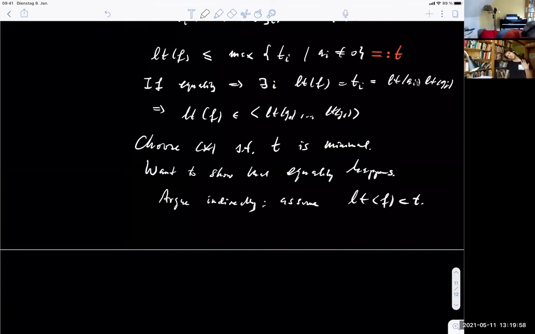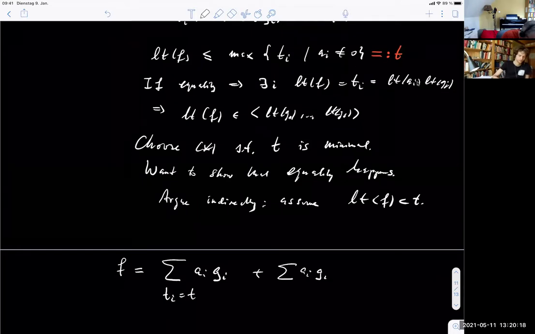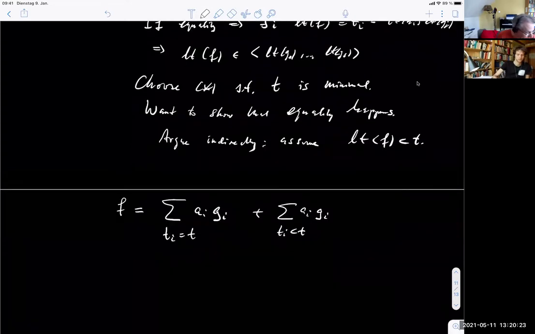So let me write f again. First, I write that part of the linear combination where ti, the leading term of gi times ai, is the maximal one, where ti is t. And then I have the remaining part, which is kind of uninteresting. Now I split off the maximal parts.